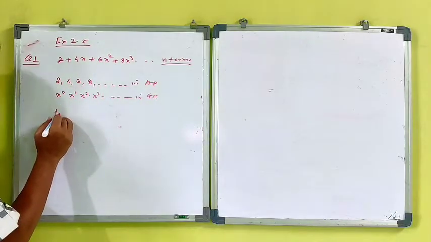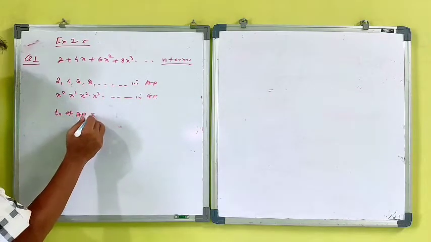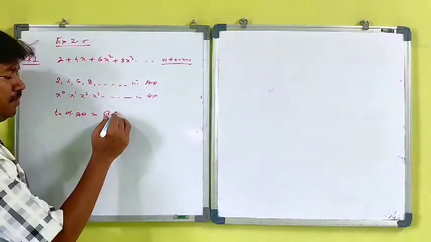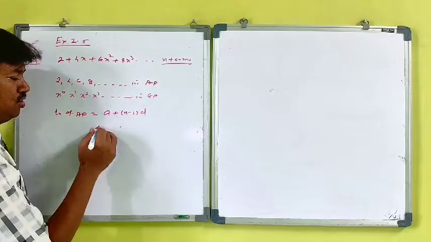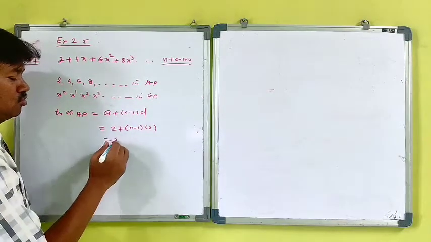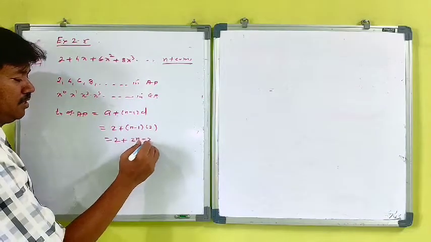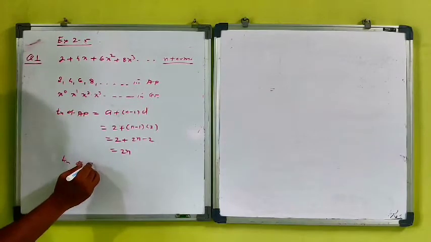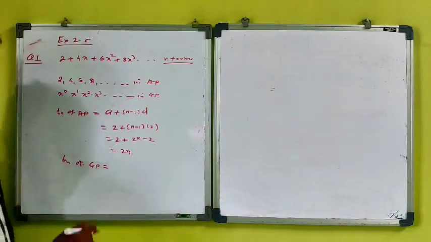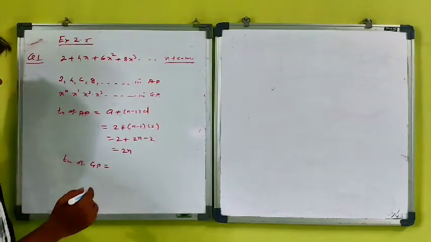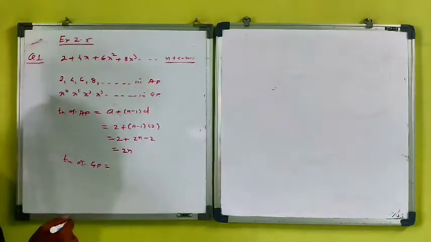What is the Tn of AP here? It is a plus (n minus 1)d. So a is 2, plus (n minus 1) into 2, so 2 plus 2n minus 2, which is 2n. Tn of GP is a r raised to n minus 1.